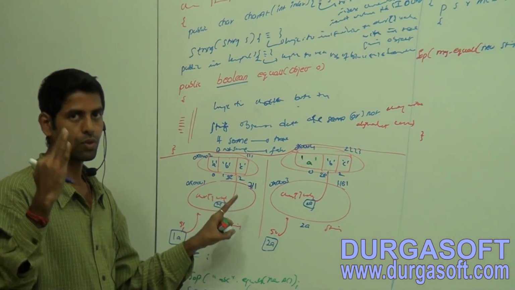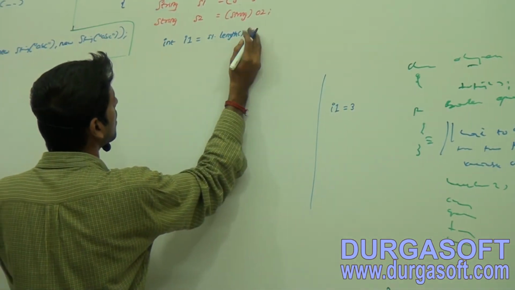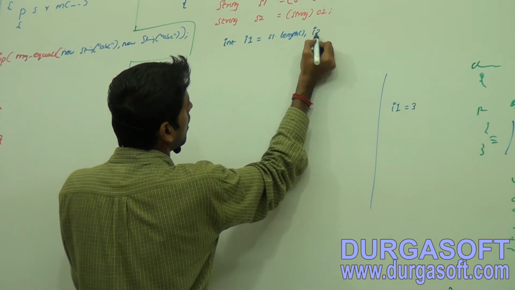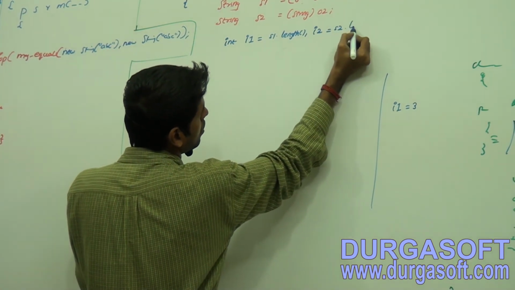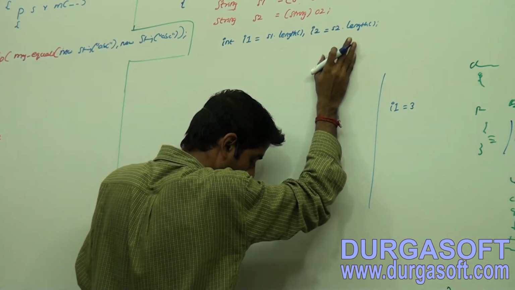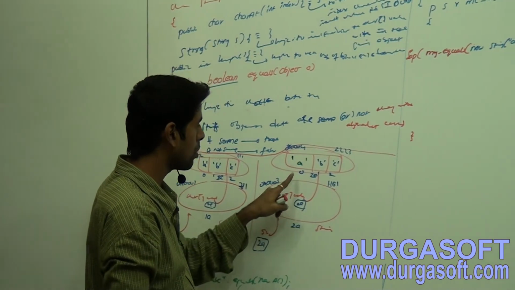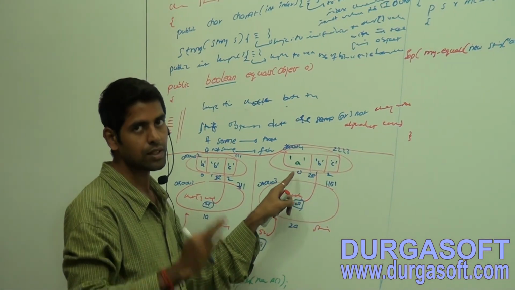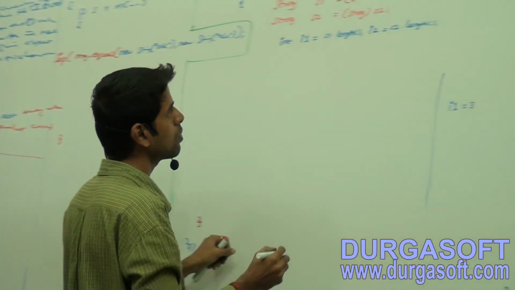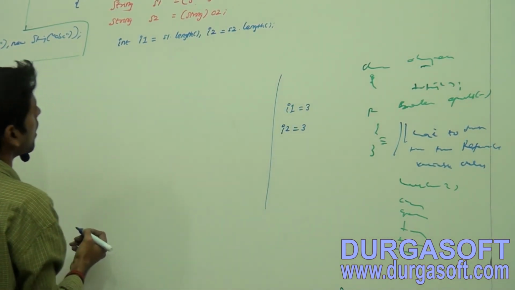What is it? 3. Now copy the s2 string's number of elements into i2. How many blocks or elements? 3. Now i2 value is what, friends? 3.